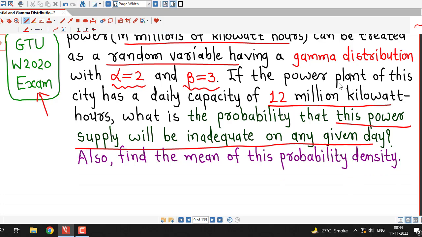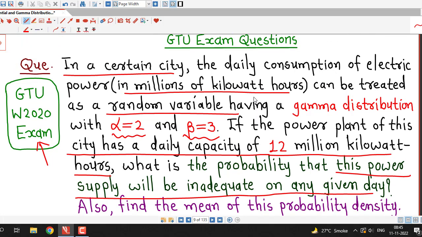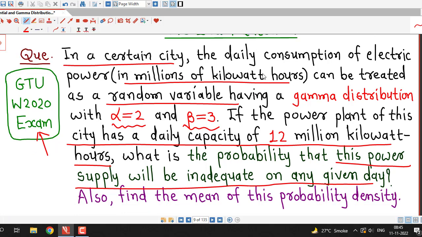If the power plant of this city has a daily capacity of 12 million kilowatt hours, that means daily capacity is 12 million kilowatt hours, and if daily consumption is exceeding this 12 million kilowatt hours, then power supply will be inadequate.